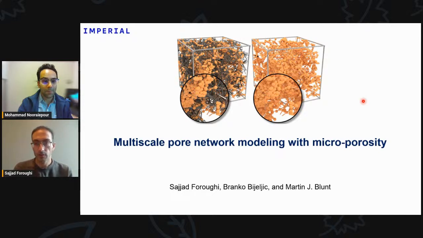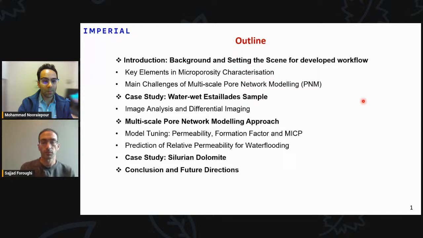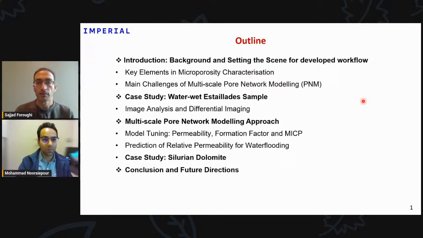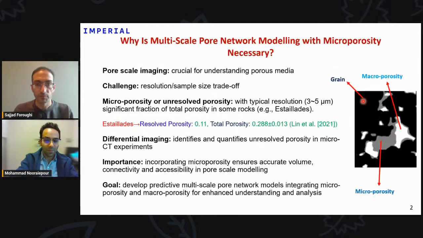So the outline of the work: at the start, I present the workflow that I developed for incorporation of the microporosity or subresolution porosity into pore-scale modeling. At first, I started with explaining this workflow, and then I shared the results for two case studies. One of them is a Ketton or Estaillades sample, and the next one is a Silurian dolomite sample, and then the conclusion and future direction for this research.